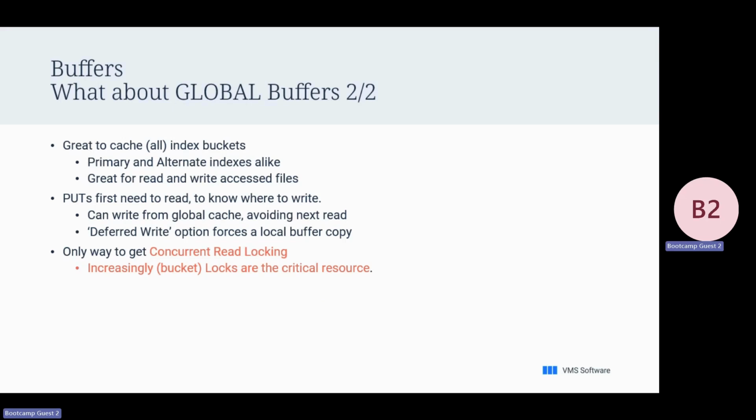And very, very importantly, in version 7.3, and I hope you upgraded beyond 7.3 by now, Eleanor added a massive feature, and it's concurrent read locking in global buffers. So normally, when RMS needs to read a record, it will find out which bucket it lives in through the index.